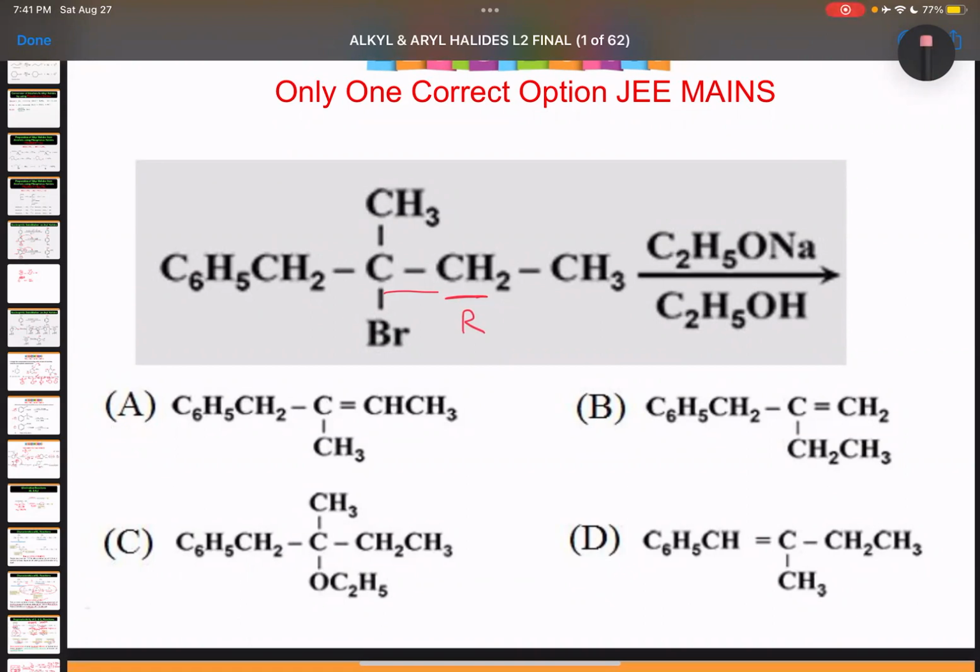Why D? Because this will be stabilized by resonance, right? Clear? There is a benzene ring, and you need to bring the double bond just outside the benzene.